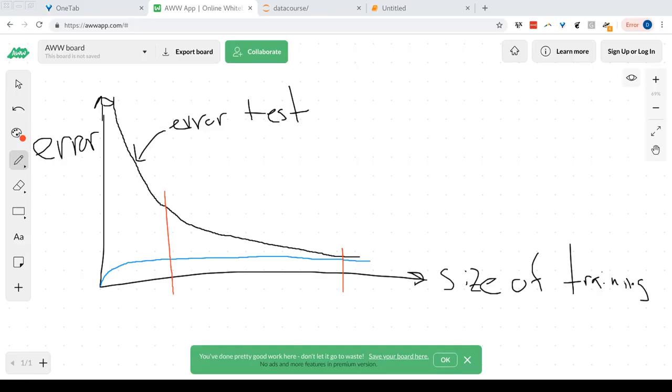But the point here is, before you do something expensive, in time, resources, and money, you should consider, is adding more data really helpful? Perhaps I can do something less expensive, like playing around with feature generation, retuning my model, things like that, to get the most out of my analysis.